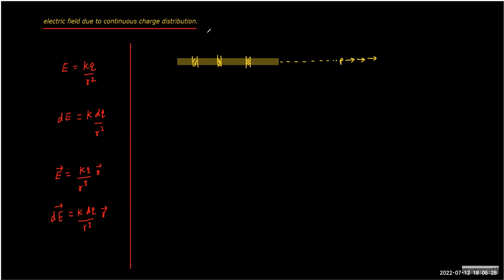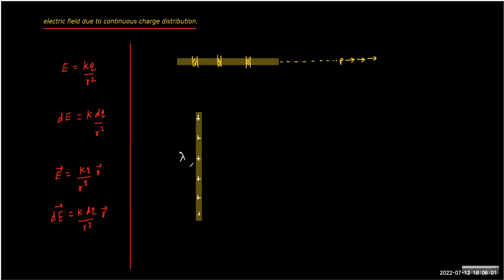Yes. So now what if we have a situation which is not similar to the previous one? So now we have a rod, and in this case, what is given to us? Lambda is the linear charge density.